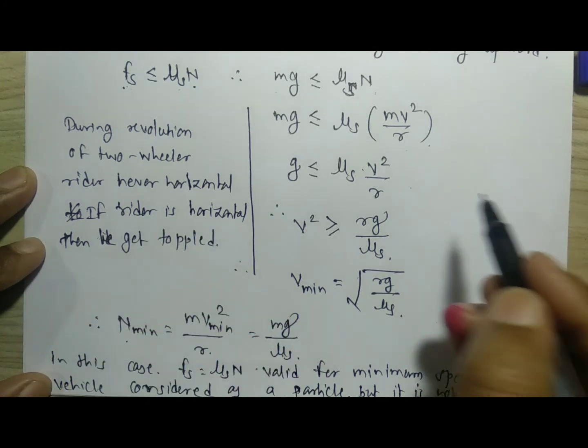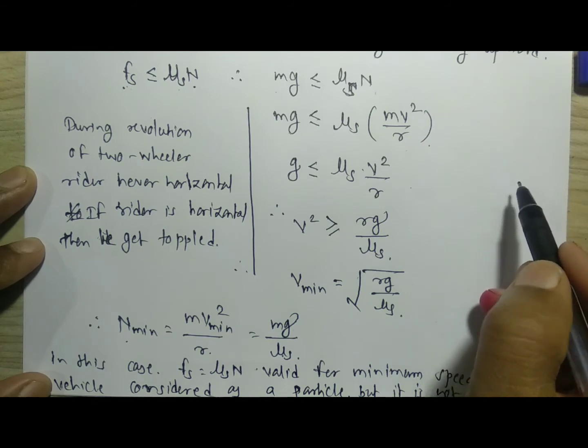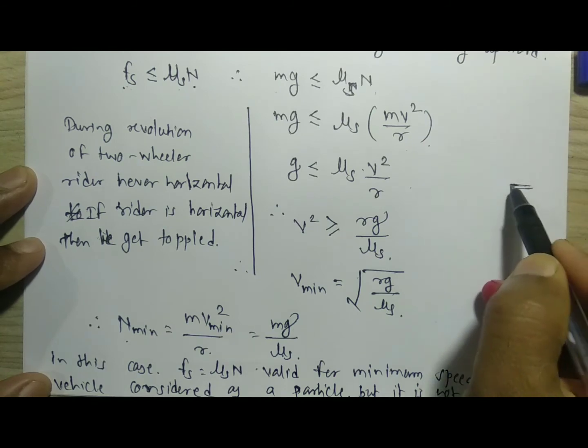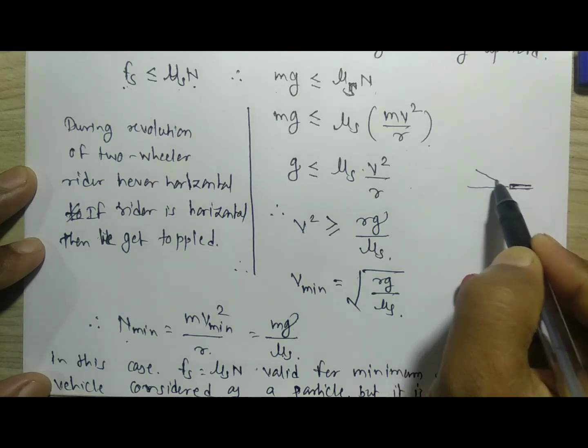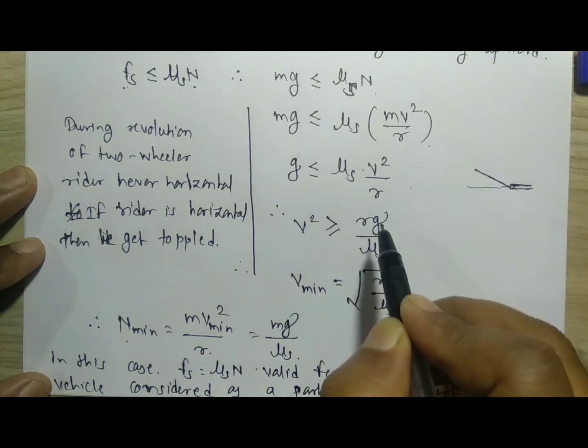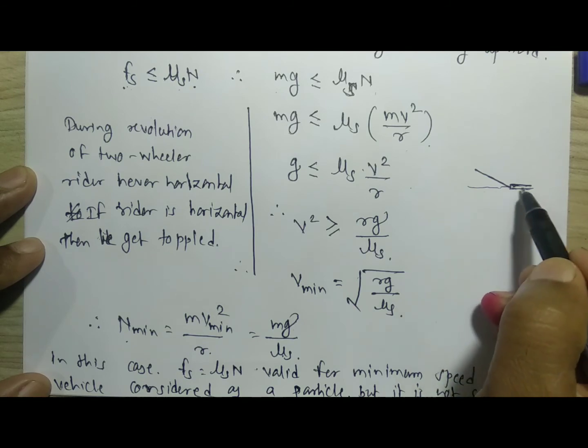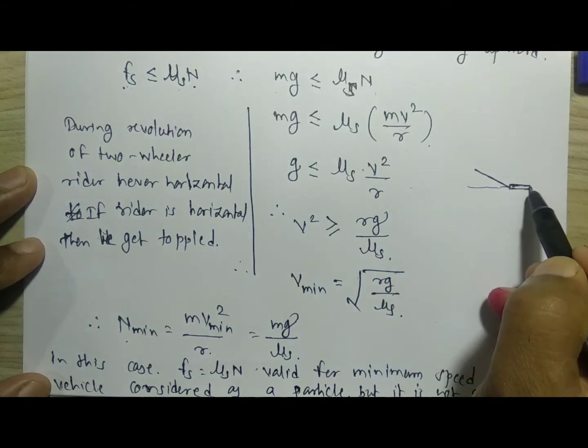Because when a rider is moving in this way, at that time he makes some angle with the horizontal, to prevent toppling.